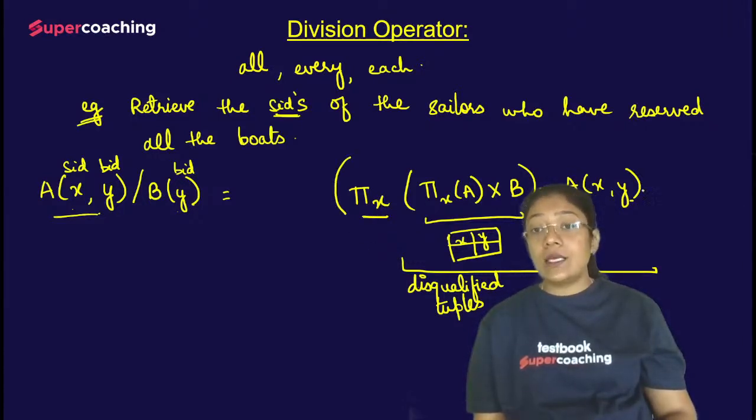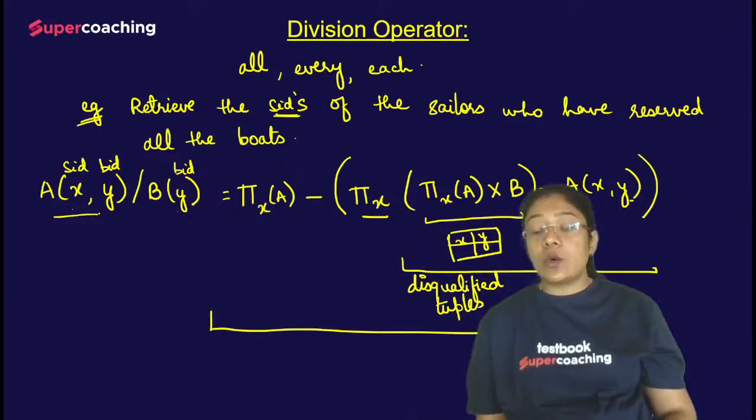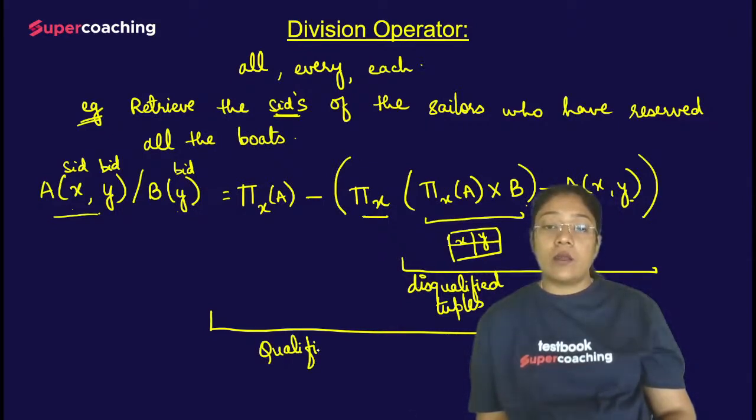But I want the sailors who have reserved all the boats. So we project it from X and take the difference. This completely returns the qualified tuples.